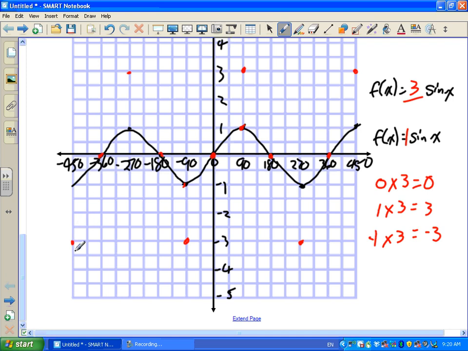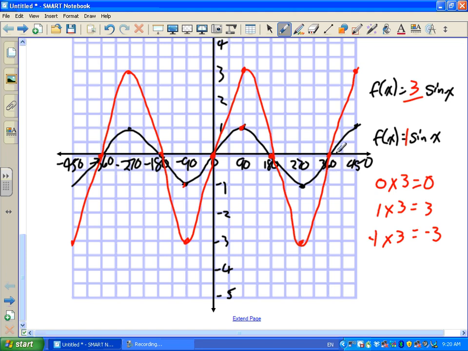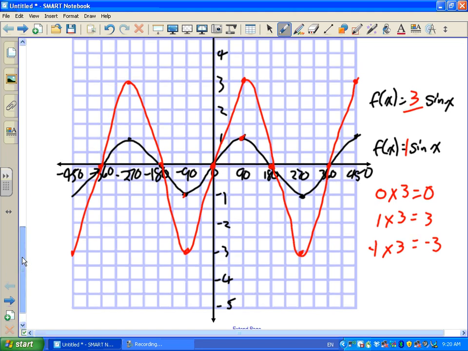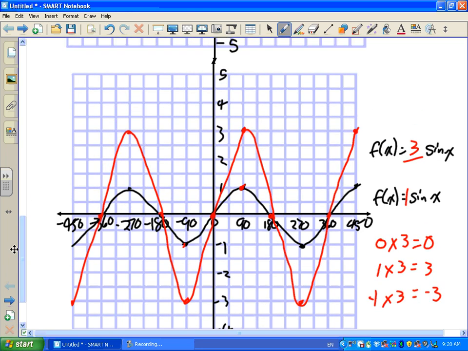So if you take a look at this wave, the wave hasn't moved left or right or up or down. All it's done is stretch by a factor.